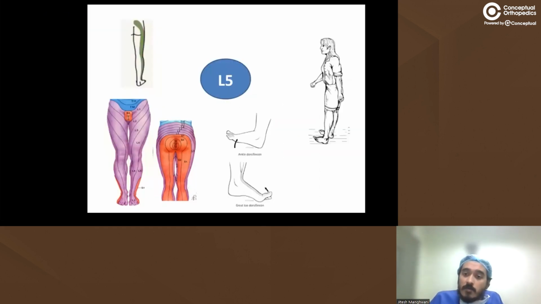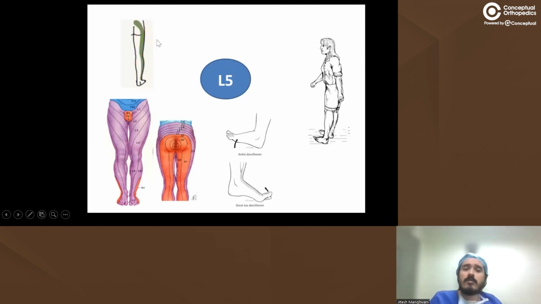Where there is an involvement of the L5, you basically will have an affection of the great toe dorsiflexion. So, great toe dorsiflexion will not work properly. Along with this, you have to check for abductors, because abductors are another muscle which are supplied by L5 and they are very important with respect to decision making, because if the patient just has weakness of the great toe dorsiflexion, we are not that much worried as compared to if the patient has got a weakness of the abductors.